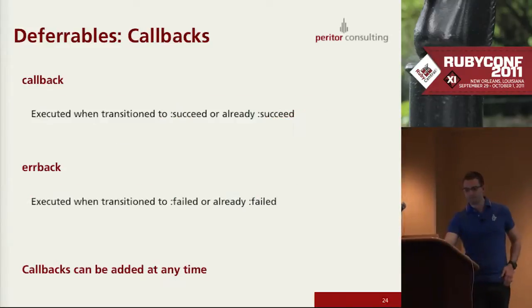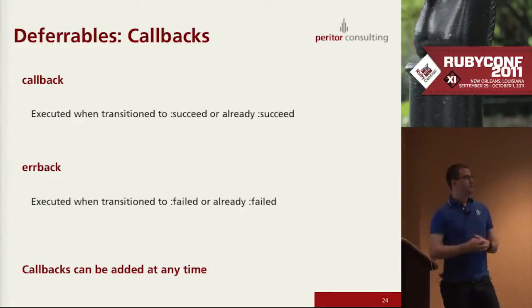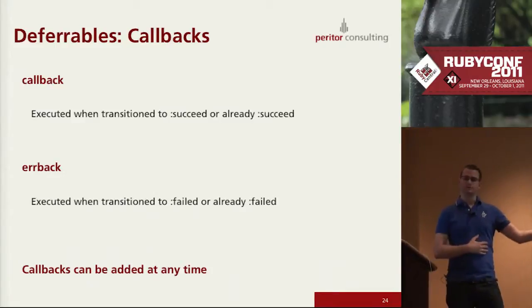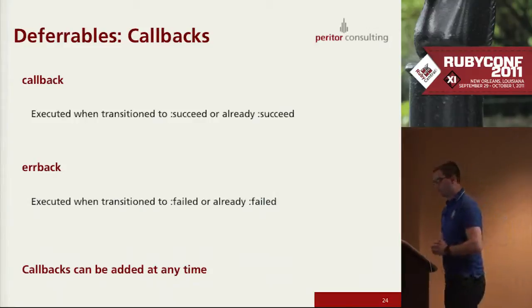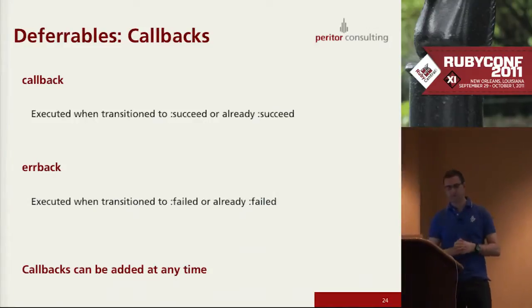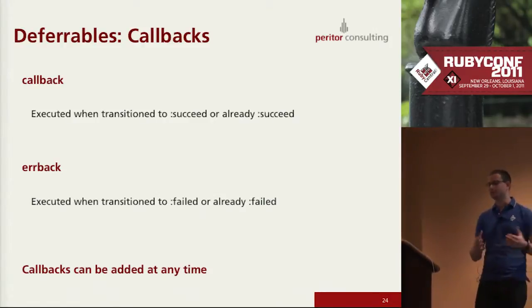So I can register callbacks just like on the built-in event machine classes, for example on a success case and on an error case. And the cool thing is that callbacks can be added at any time. So I can create an object where I can register callbacks for successful and error cases.